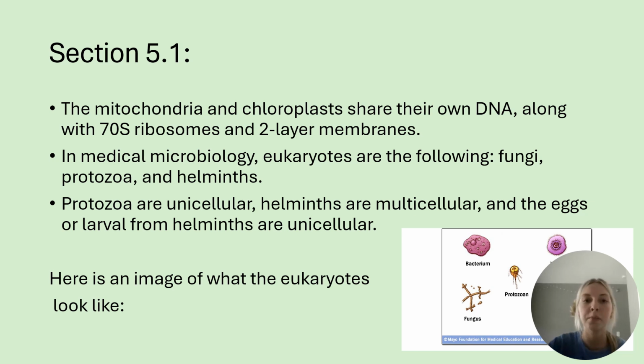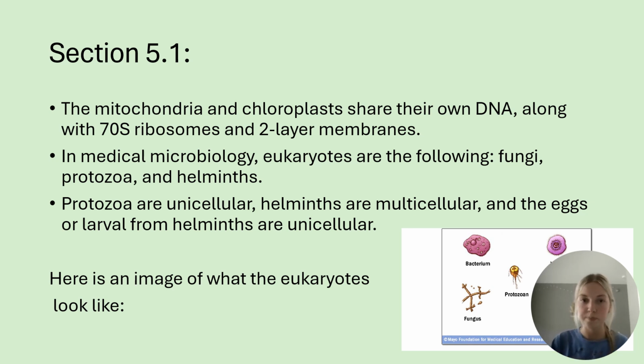Still in section 5.1, the mitochondria and chloroplasts have their own DNA along with 70S ribosomes and two-layer membranes. In medical microbiology, eukaryotes are the following: fungi, protozoa, and helminths. Protozoa are unicellular, while helminths are multicellular, but the eggs or larvae of helminths are unicellular.